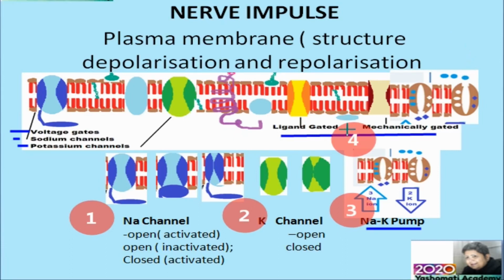But when ligand gates or mechanical gates are operating, then because of movement of ions toward the inner side or from inside to the outside, the potential difference across the membrane changes. And if this potential difference reaches the magnitude of minus 55 millivolt, then the neuron gets stimulated or fired, and because of that nerve impulse is generated.